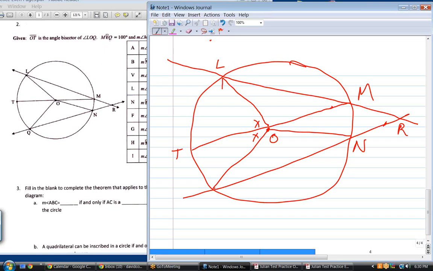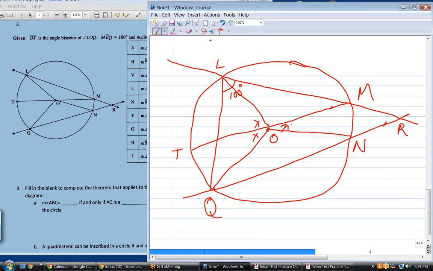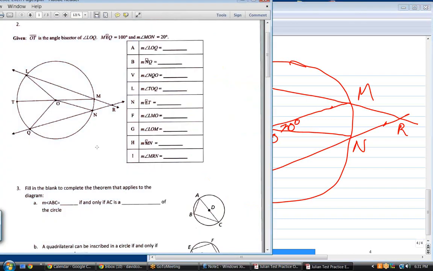Well, we're going to have to draw that line in. There's Q. Oh, my goodness. This whole angle is 100. That seems weird. That line was not drawn on their diagram. Yeah, that is weird. Okay. MON is 20. This one's 20. Is that all? Right. That's all of our information.